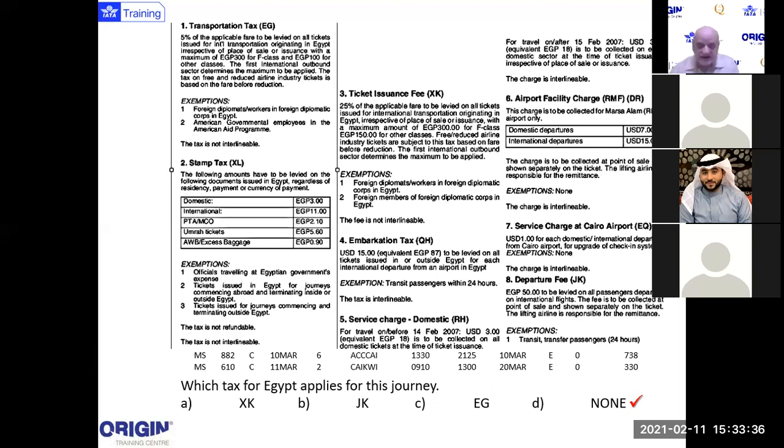So you leave this till the end. If you get it right, wonderful. If you get it wrong, well, at least you've collected all the other points. So my apologies there. The QH tax is not applicable to transit passengers.